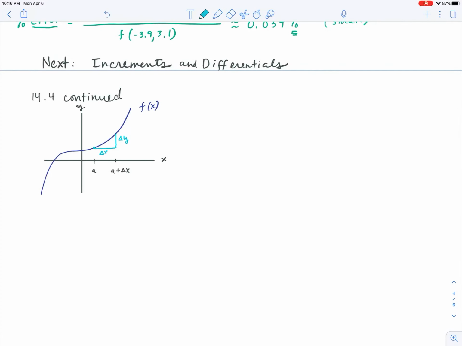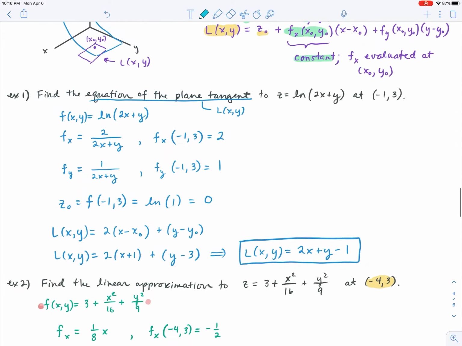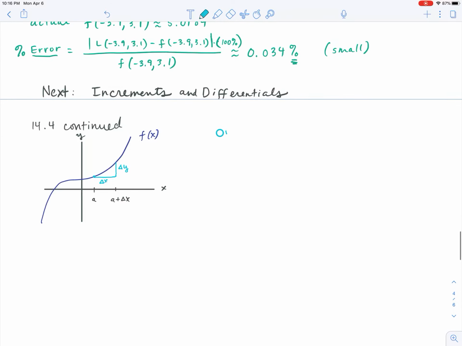Just to finish off today's lecture, section 14.4, we still need to talk about increments and differentials. So an increment would be the change in y. And you can see on the graph here that I wrote what change in y is.